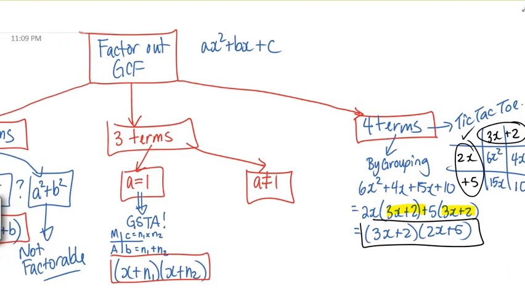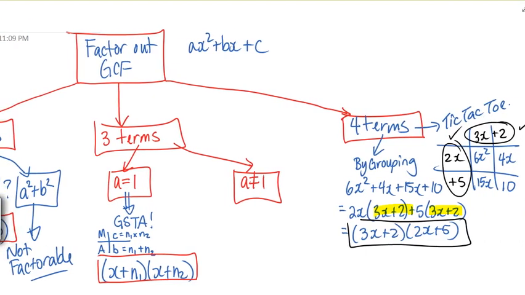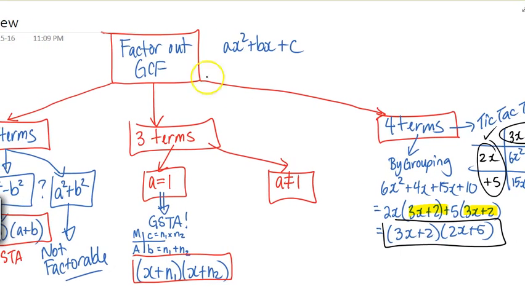Okay, let's go back to the 3-term now, because with the 3-term we have the two methods for a not equaling 1. We have decomposition and we have the X method. Okay, just know one of them.